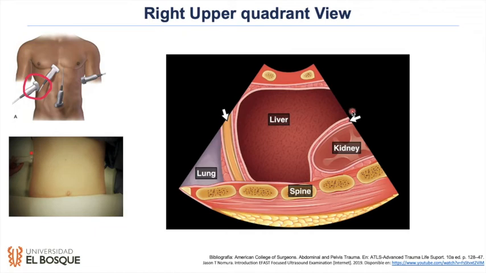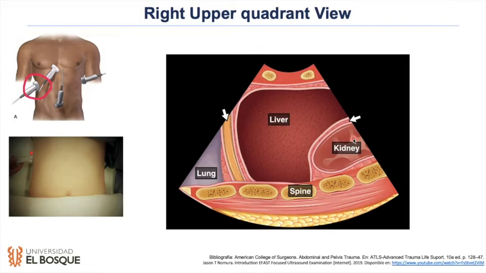The first organ that you're going to see is the liver, and also the right kidney. Remember that the renal appearance is a double density, and it is very easy for you to recognize it.